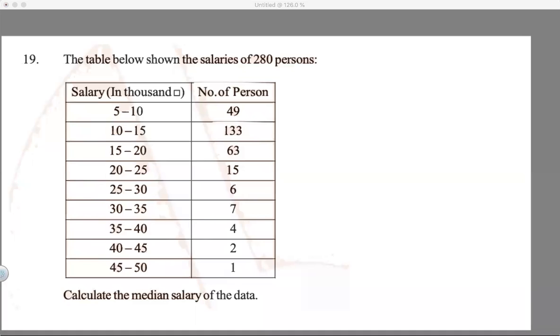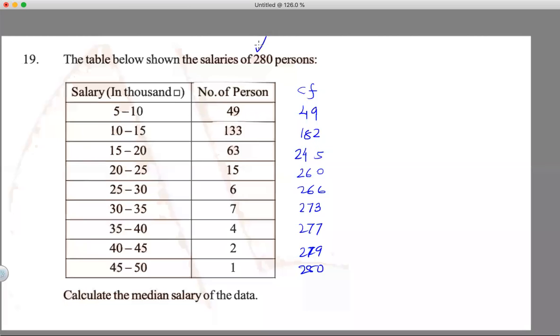How do we do this question? सर इसमें मीडियन का फॉर्मूला लगाना है। मीडियन का फॉर्मूला लगाने से पहले सबसे पहले हमको क्या करना पड़ता है? क्यूमुलेटिव फ्रीक्वेंसी निकालना पड़ता है, राइट? तो वो निकालते हैं। चलिए 49, 182, 245, 260, 266, 273, 277, 280. Okay, and 280 was the total number, so we did it right.